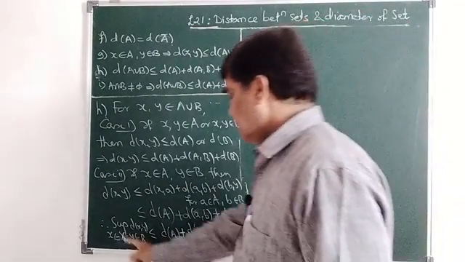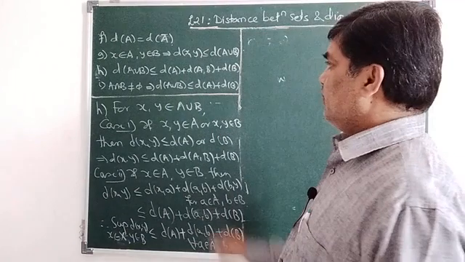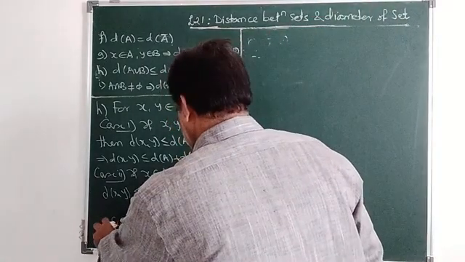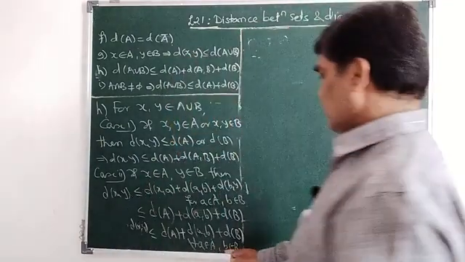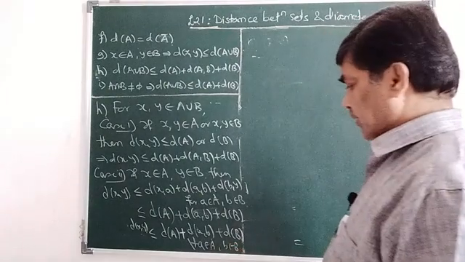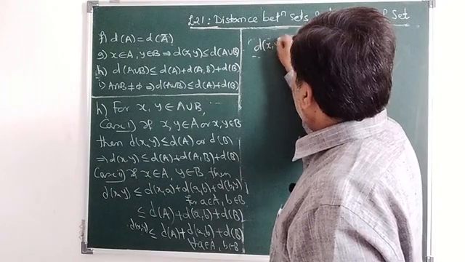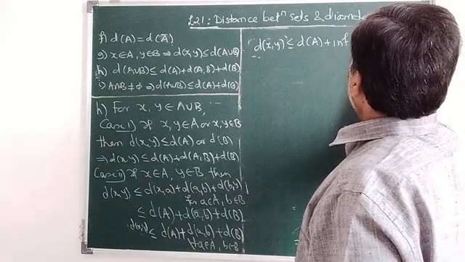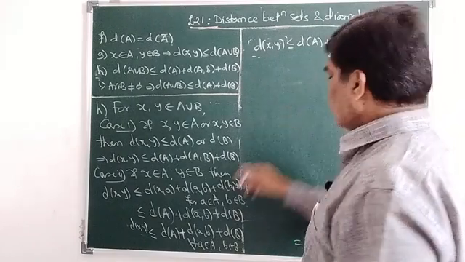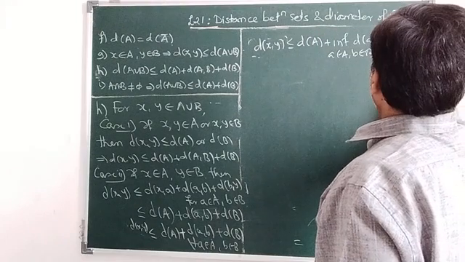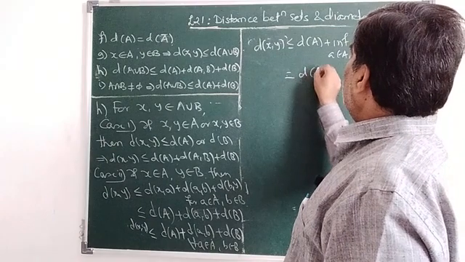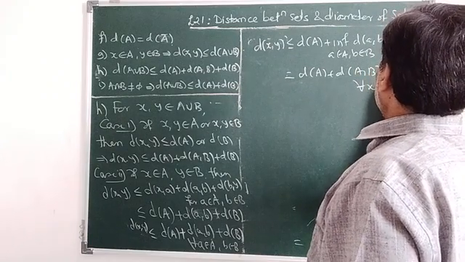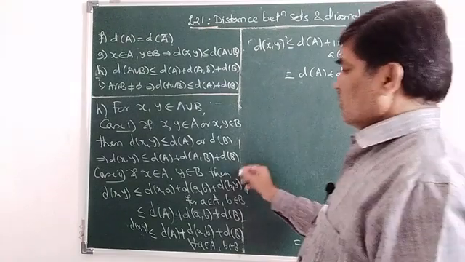And therefore, d(x,y) is less than or equal to this; we'll keep this as it is. d(x,y) is less than or equal to this for any a and b belonging to B. Therefore, d(x,y) is less than or equal to the diameter of A plus the infimum of d(a,b), where a is in A and b is in B, because there is no condition on a and b, plus the diameter of B, which is equal to d(A) plus the distance between A and B plus d(B), for any x belonging to A, y belonging to B. This is case 2.